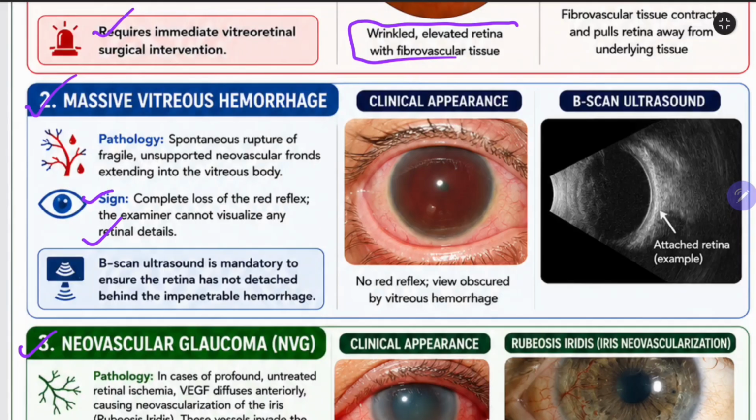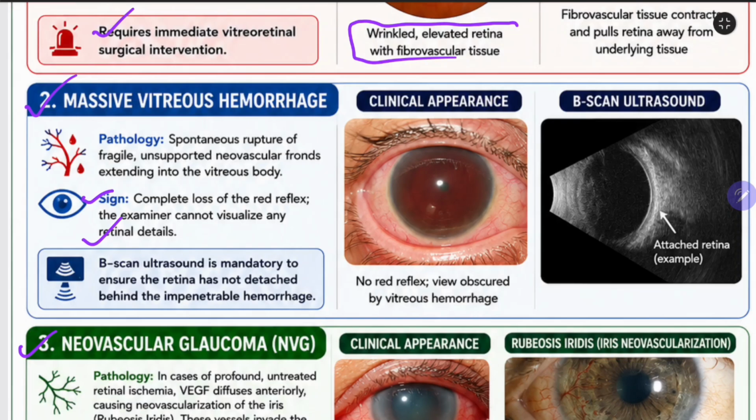So when this type of patient comes to you, the patient may be having symptoms like floaters, or he may not be able to see only. And when you do fundoscopy, you will not see a red reflex. So the cause can be either this vitreous hemorrhage, or even it can be a cataract also. In cataract also you cannot see red reflex, no. So you need to differentiate.